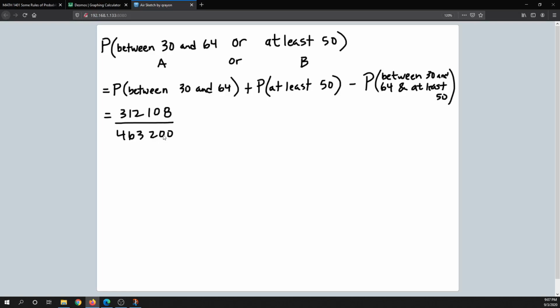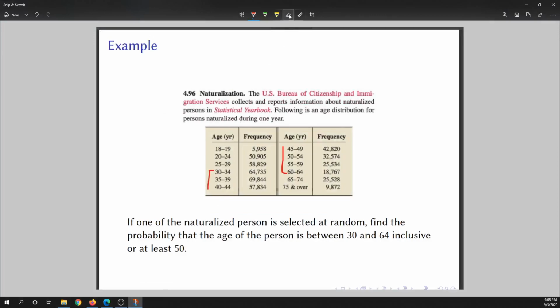Next up, we want to get the probability that they are at least 50. The bottom number is going to be the same. That's going to be the number in our sample space, 463,200 on the bottom. And now we want the probability of at least 50, so let's erase this. At least 50 would be right here, and that would include all of these people right here.